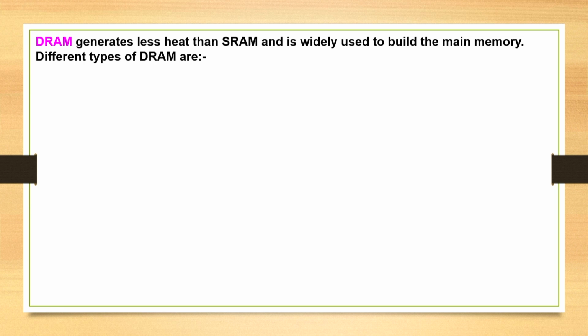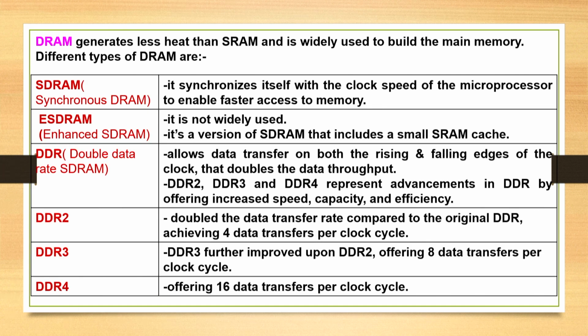Dynamic RAM generates less heat than static RAM and is widely used to build the main memory. Again, we can classify dynamic RAM into different types. These are SDRAM, that is synchronous dynamic RAM, which synchronizes itself with the clock speed of the microprocessor to enable faster access to memory.